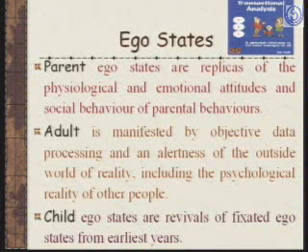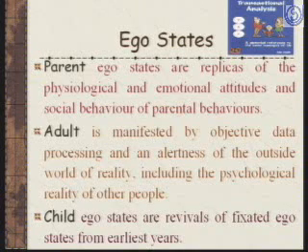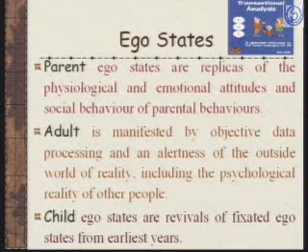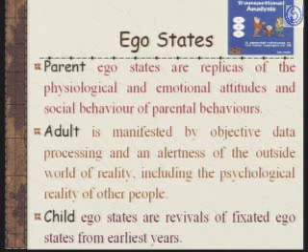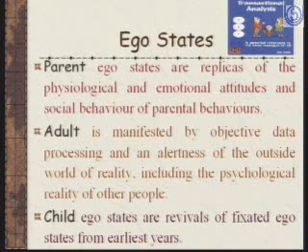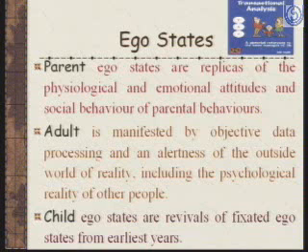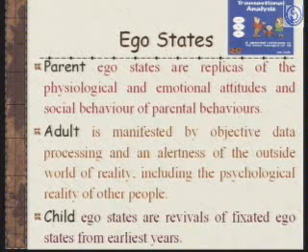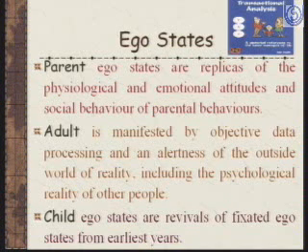That means, as children, when we grow up, we observe a lot of things, the behavior of our parents or parent-like figures, which then become an emotional part of our life, that then get reflected in our social behavior, which are basically like the parental behavior which we observed. Now we are practicing it in our own life.